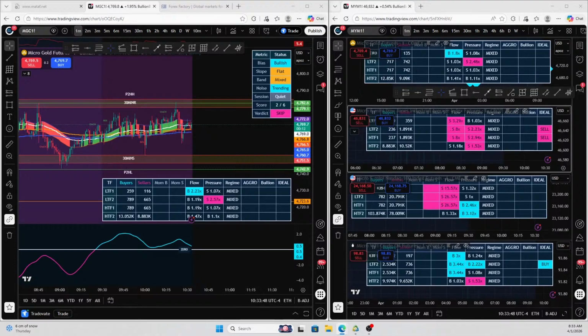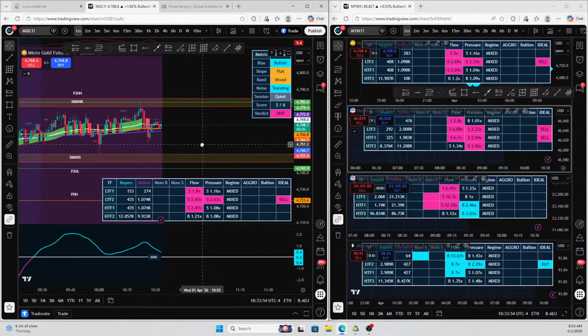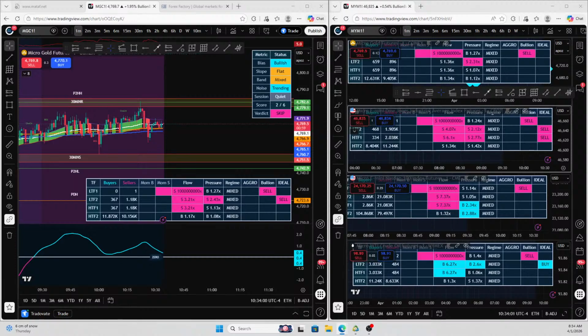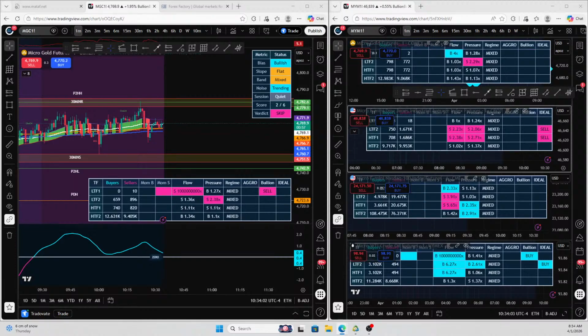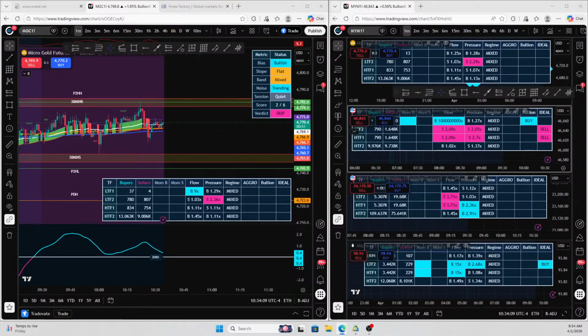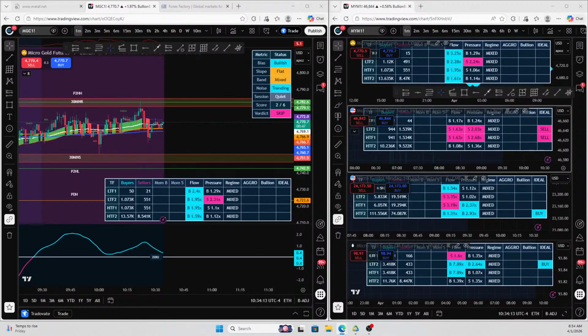Yeah, the volume is pretty much dry right now. There's no volume in the market. And as traders, what we want to wait for is volume to show itself. And that's when you want to be stepping in and taking advantage to trade in that direction. Remember, not every day is going to be a trading day for us. Not every session is going to be a trading session for us. We need to wait for our setups to form.